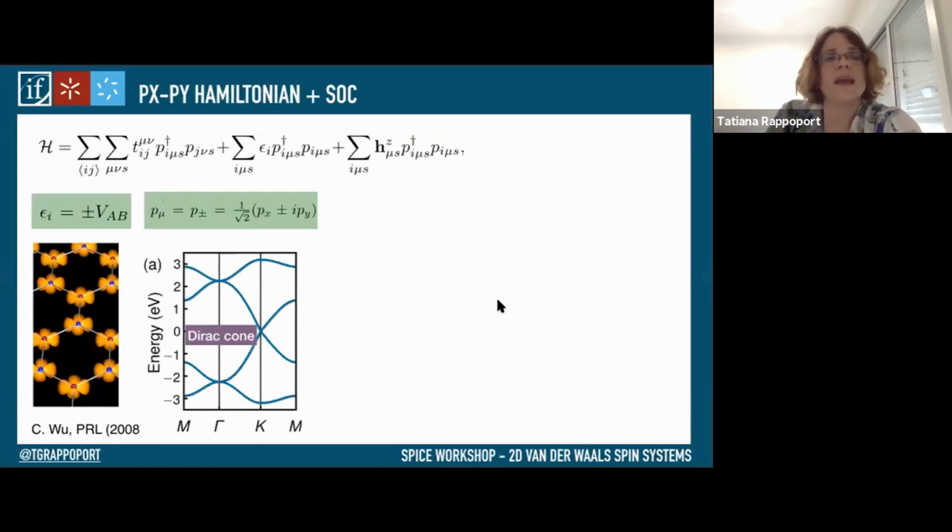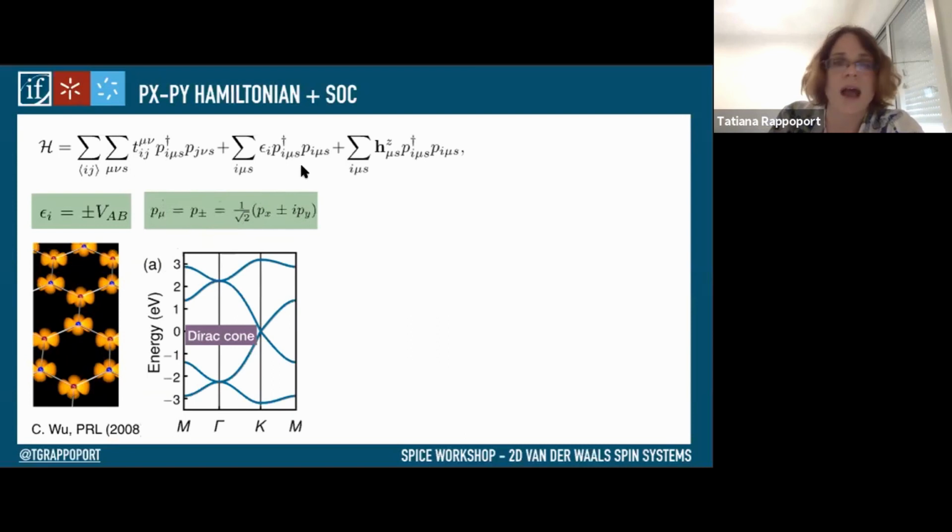But this simple model that only contains a honeycomb lattice with px and py orbitals has been around for some time. Wu has several works on this Hamiltonian and for other systems. So we have the hopping between these orbitals, and I'm using the basis of the eigenstates of Lz.